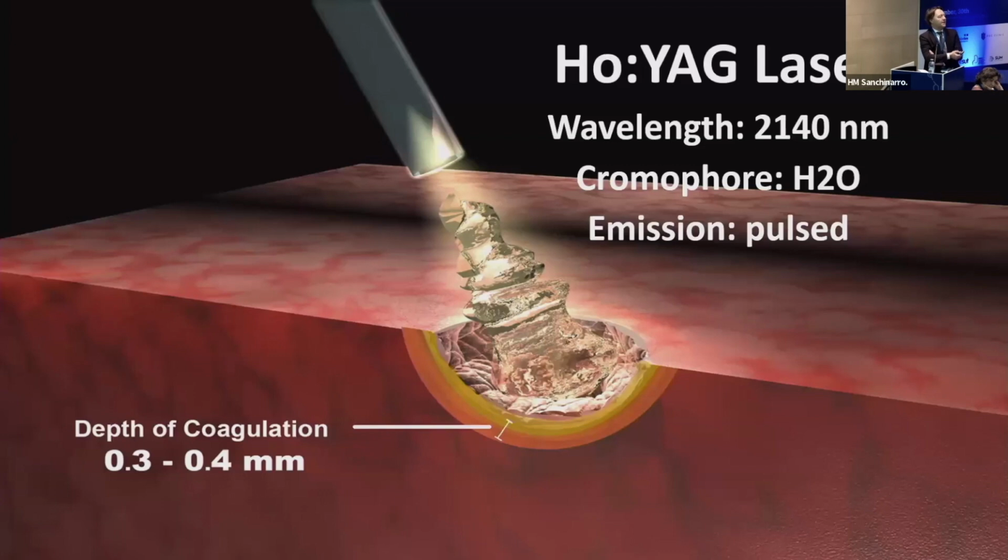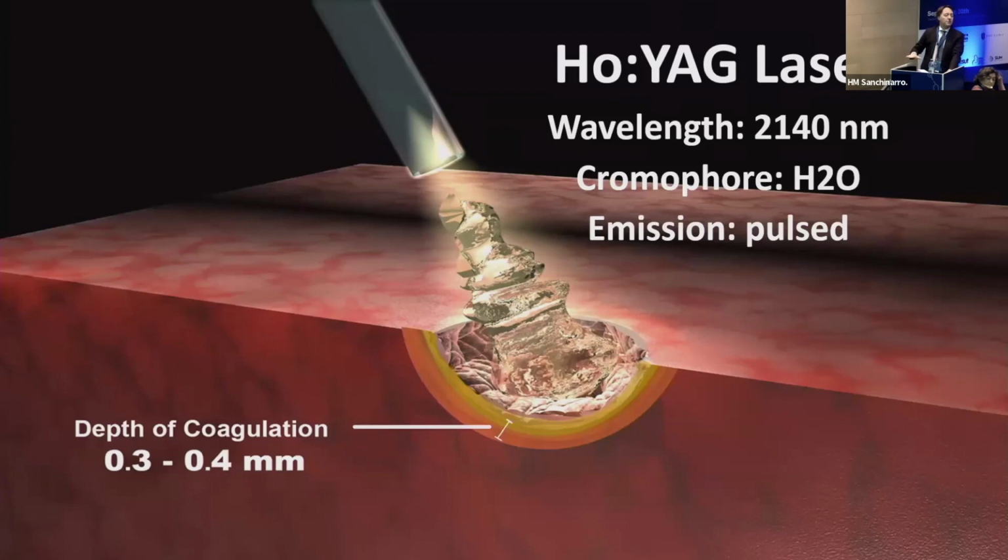The first thing we must keep in mind is that the depth of coagulation is 0.3, 0.4 millimeters. So it's quite superficial. We have a wavelength of 2140, and the chromophore is the saline.